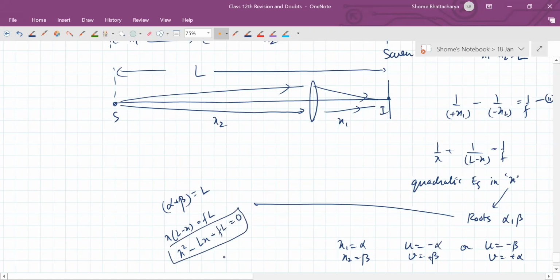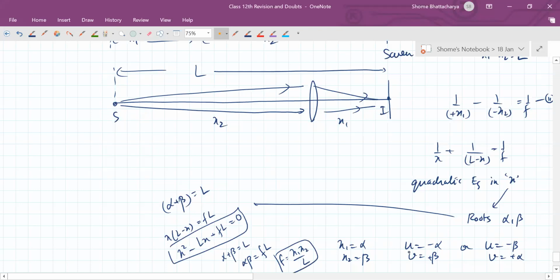So now we can see here that the sum of the roots is equal to L, and the product of the roots is equal to how much? FL. So from that we can find the focal length easily. Okay. So focal length becomes x1 x2 divided by L.